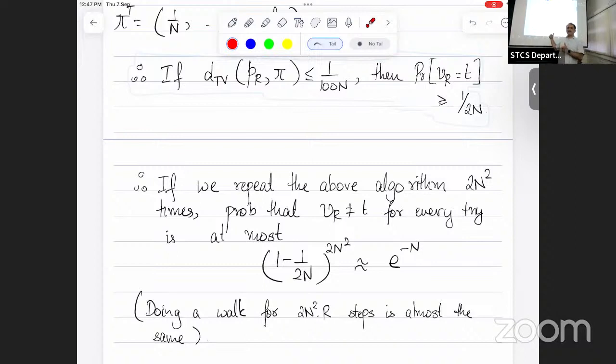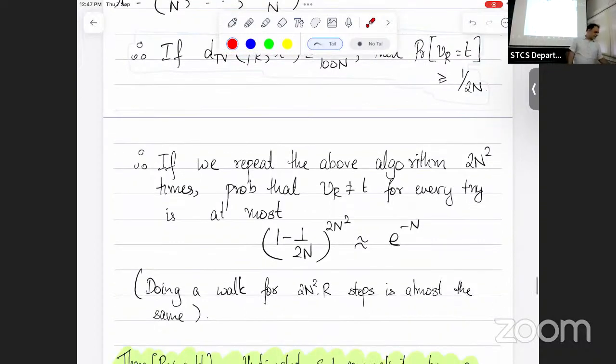And that will basically allow you to say that as long as you run it for 2n squared R steps, you will encounter T with high probability. And we just notice that R never has to be more than poly in n and D. Like R only has to be something like dn squared or something. So you run it for something like dn to the 4 log n steps, and then you're perfectly fine.